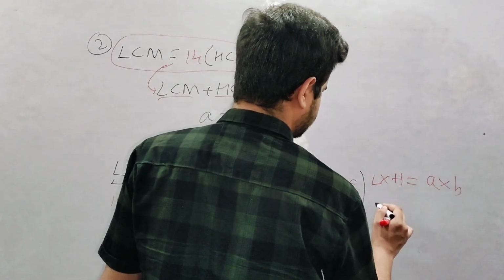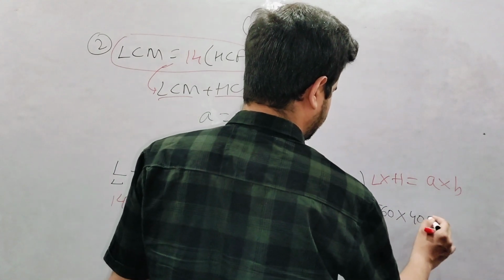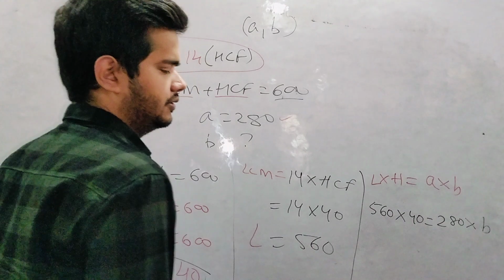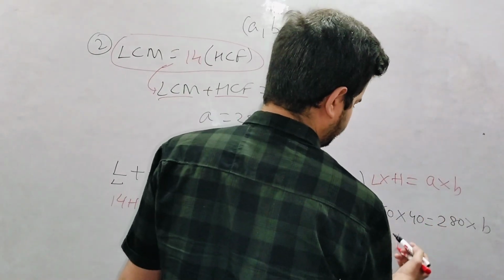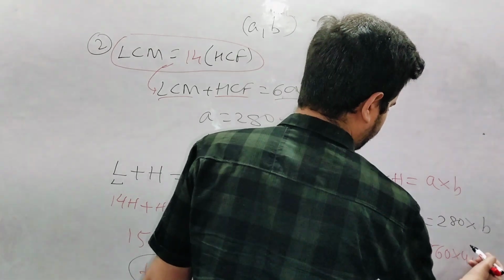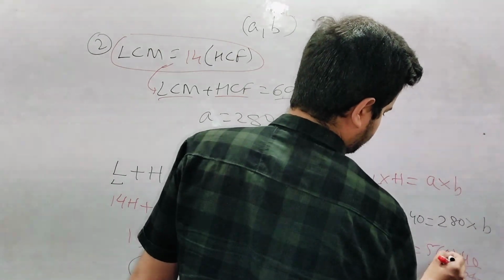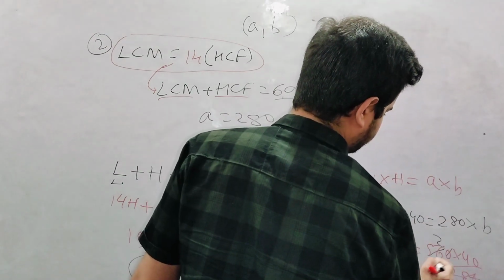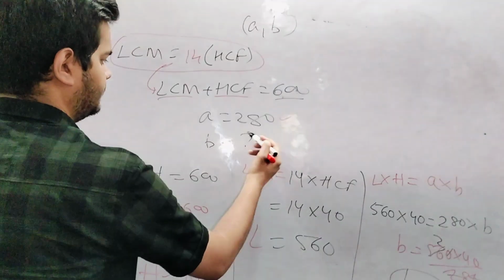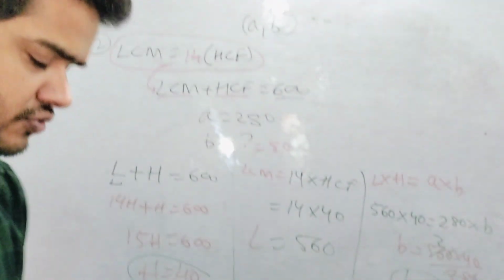The LCM is 560, the HCF is 40, the first number is 280, and I need to find the second number. From this equation, B comes out to be 560 into 40 upon 280. On solving, I get 80. The value of B is coming out to be 80. A very very important question, please note it down.